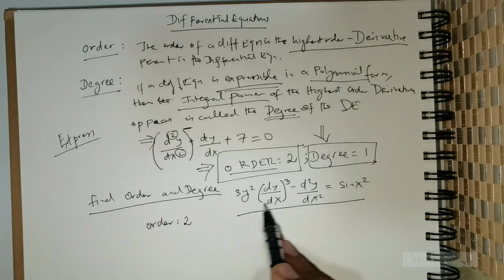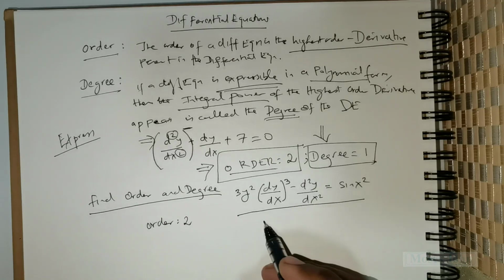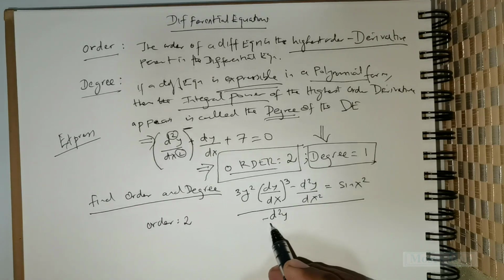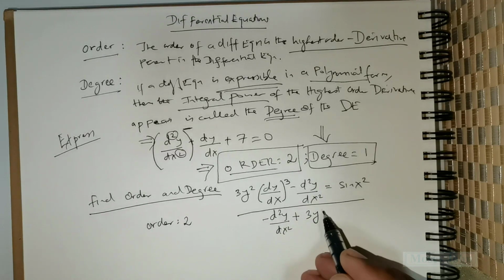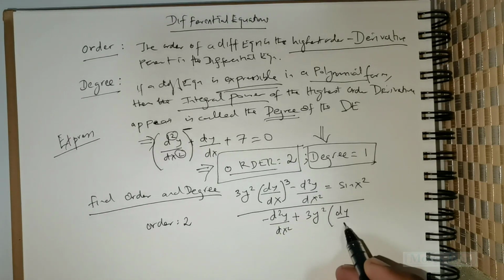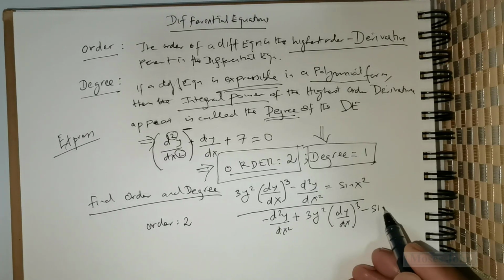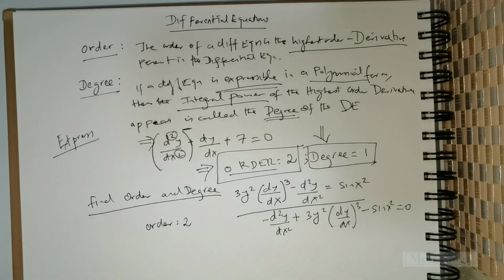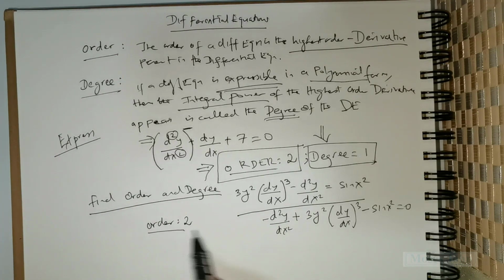Next, can you represent this as a polynomial? Of course, I can start with d squared y over dx squared, followed by plus 3 times y squared (dy over dx) raised to the power 3, and then rewrite this as minus sine x squared is equal to 0. This is the lead term because this is the highest differential.